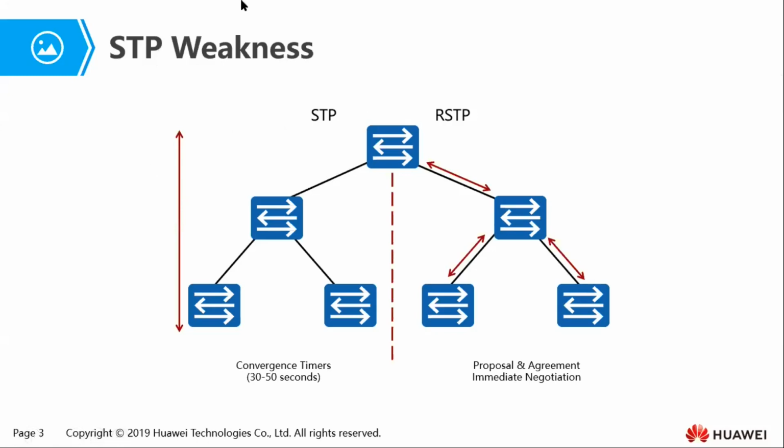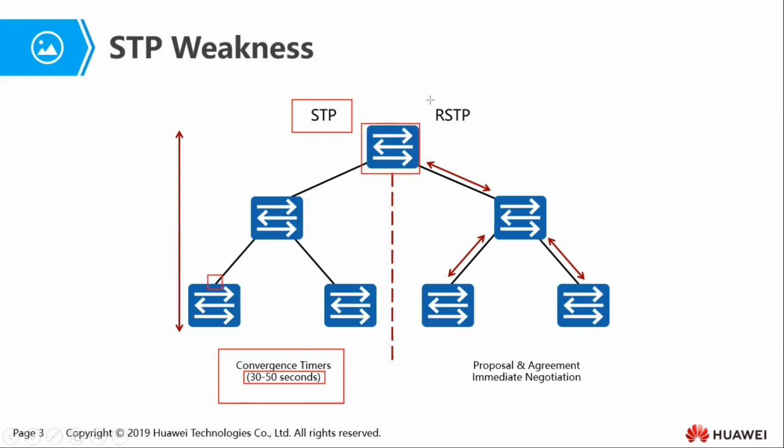As explained earlier, the problem with STP is the convergence speed. In case you have a link failure or you have the root bridge failure, then it takes about 30 to 50 seconds for it to come back up.